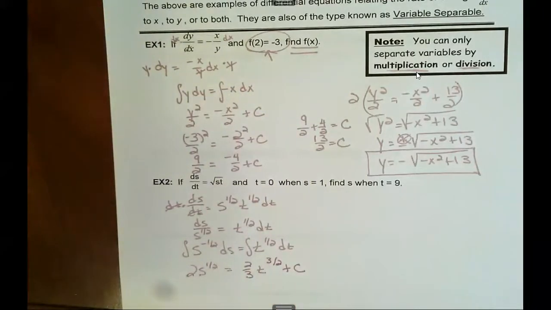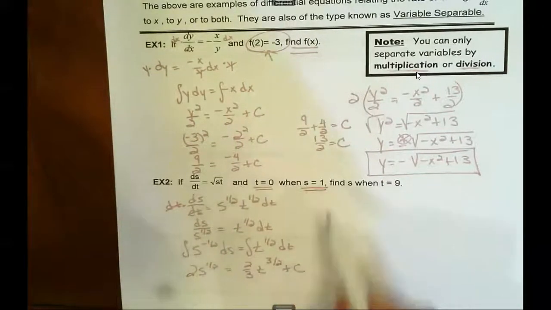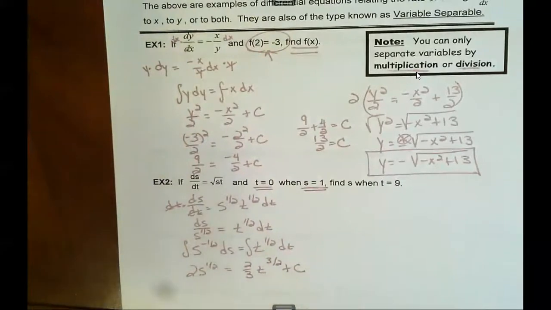All right, now this one says t is 0 when s is 1. So they want us to continue and find the particular solution for t is 0 and s is 1.